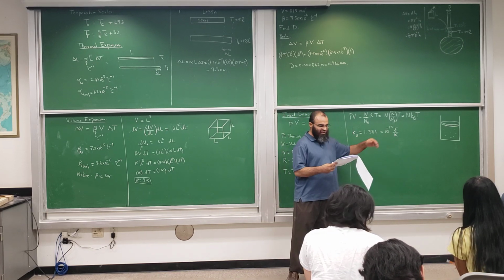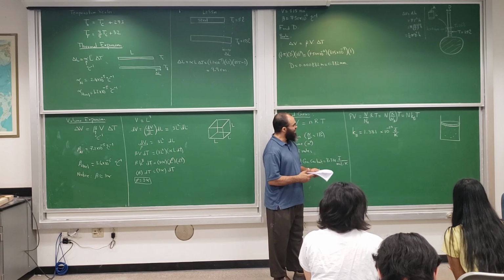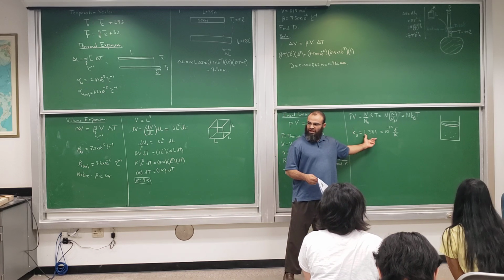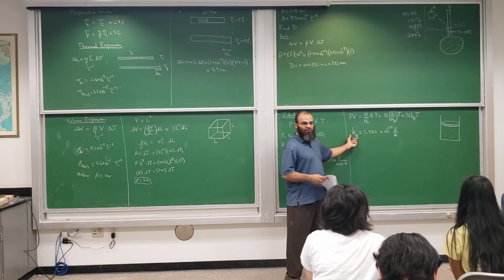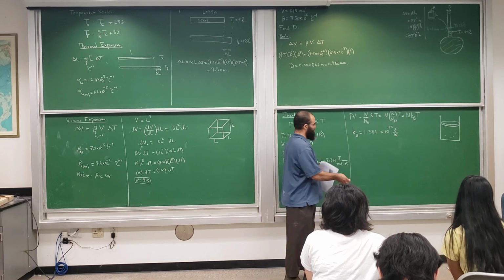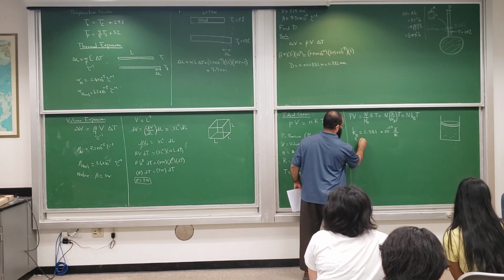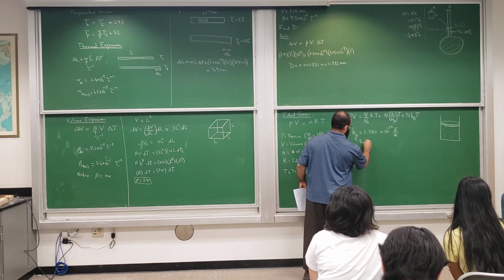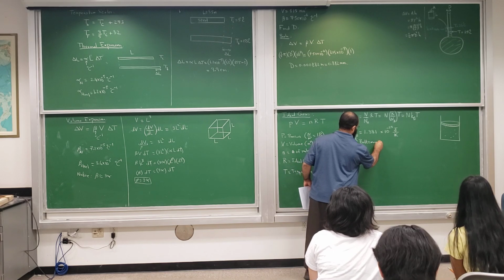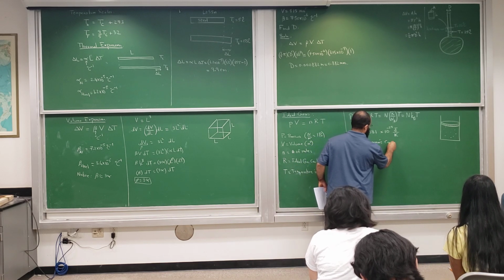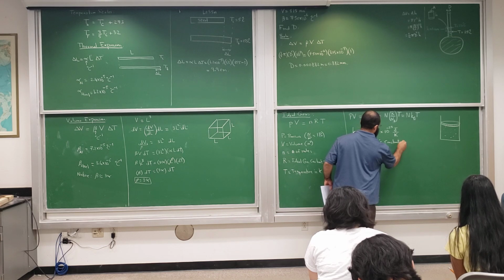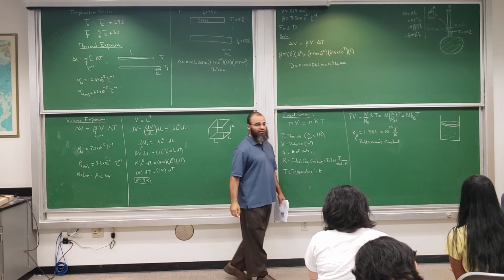Usually for sig figs, 1.381. And this constant here is called Boltzmann's constant. And it has this value. It's also a constant.